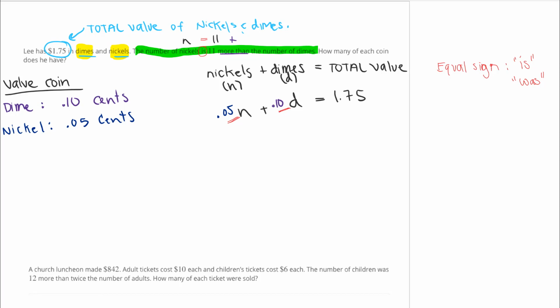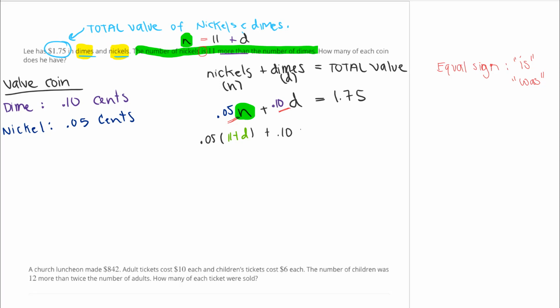Well, dimes we didn't know, so we called that d. So now I have my second equation. So that means that if I have n over here, then I can plug it in for this n over here. So now I'm going to get a 0.05, and now that variable, or that equation, I'm going to write in as 11 plus d.